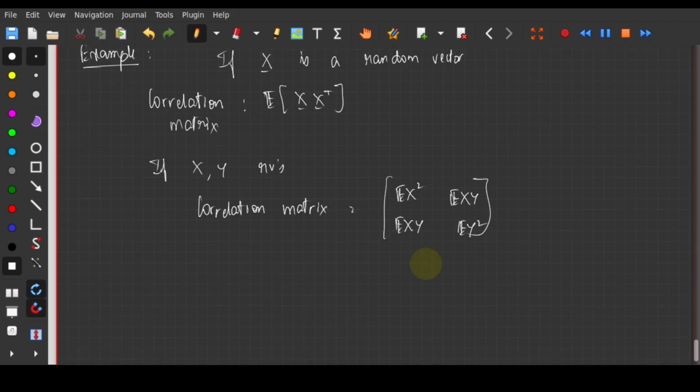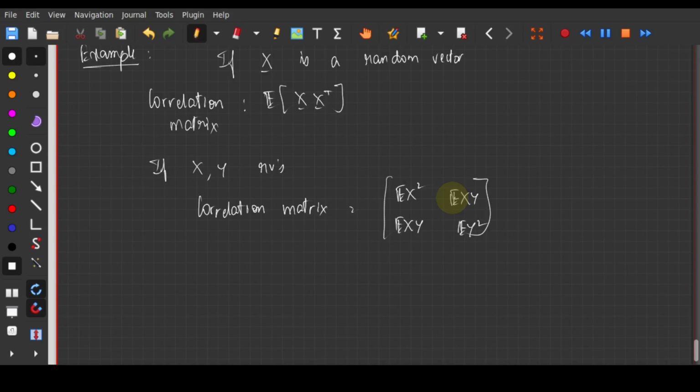This is how you define the correlation matrix.